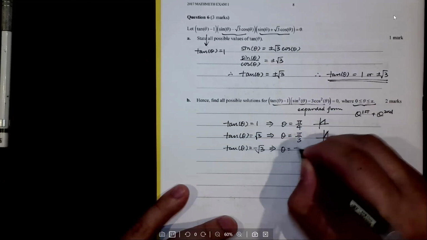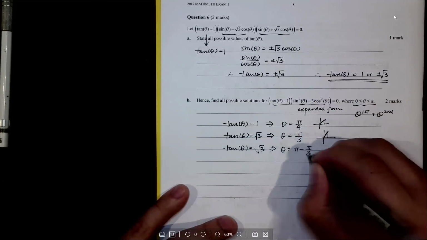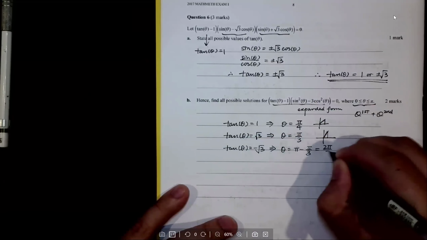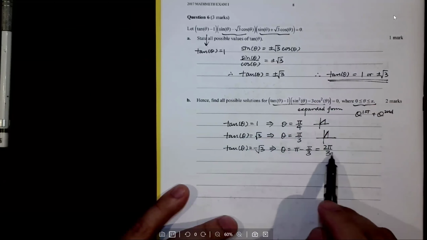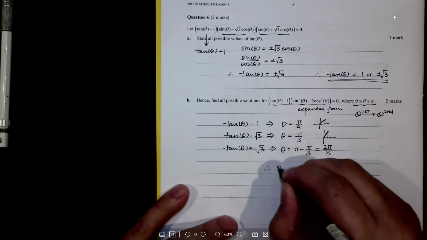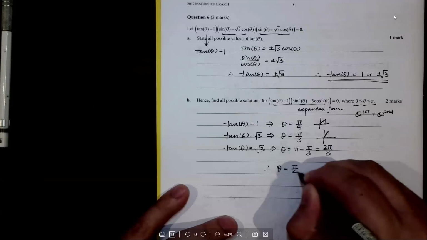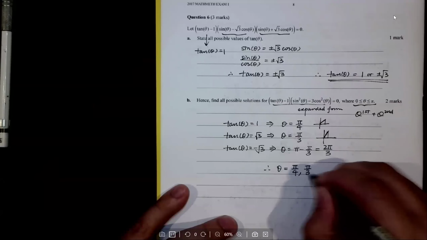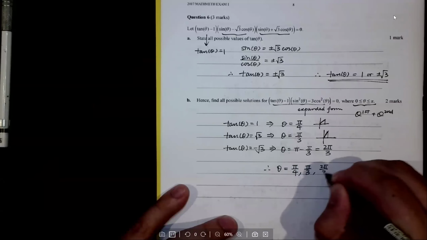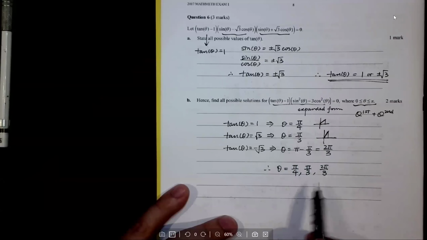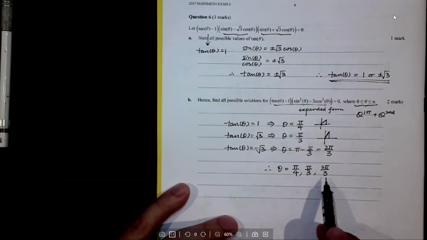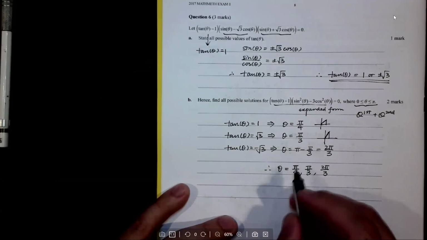So theta equals pi minus pi over 3, that is 2 pi over 3. So altogether, we should have three solutions: pi over 4, pi over 3, 2 pi over 3. And I try to keep your answers in radians. If you write 45, 60, 120, you should have degrees, but I prefer radian answers.